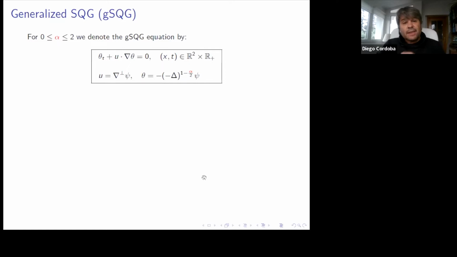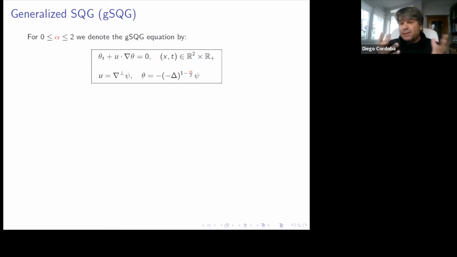Okay. So the family of equations I'm going to study here is the generalized SQG equations. So we have a parameter alpha, and alpha goes from 0 to 2. And we are in the plane, okay? So the entire talk is going to be in 2 dimensions.